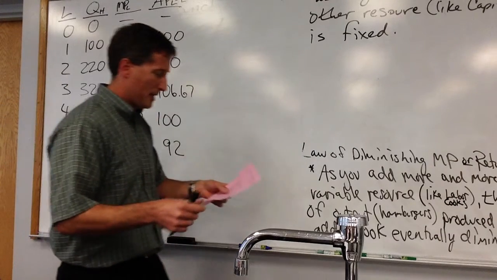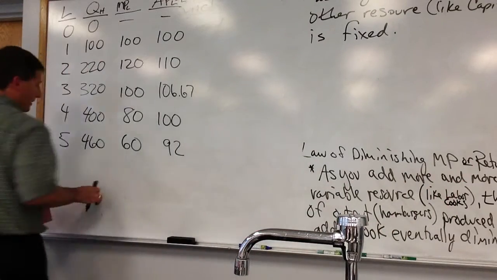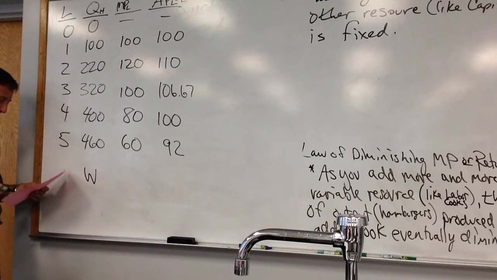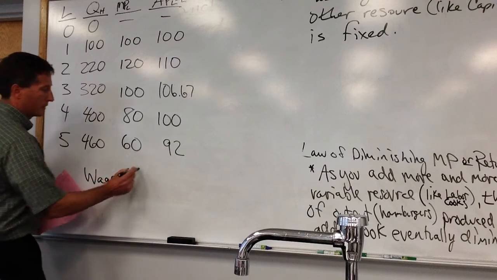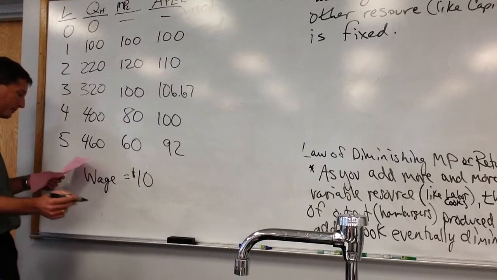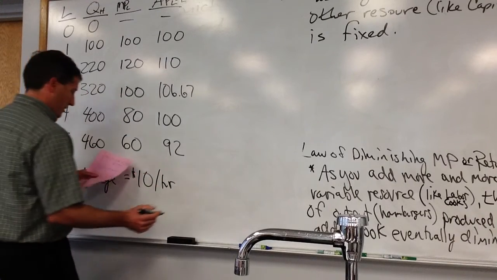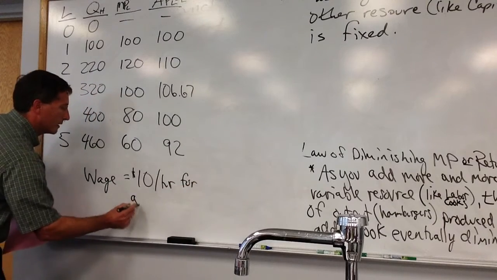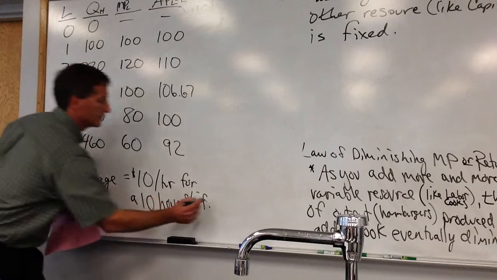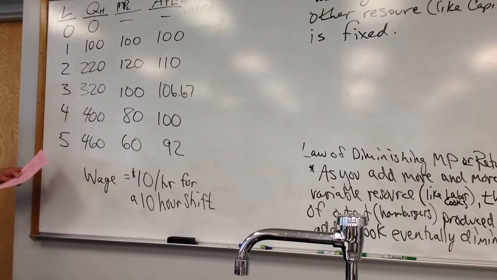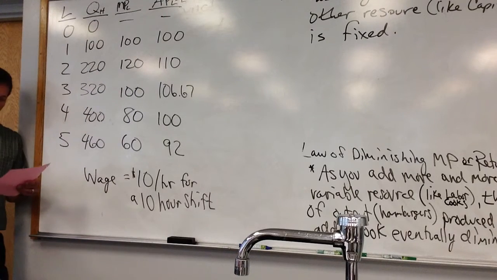Okay, so if the wage rate, we're going to add a little dollars onto this now. Suppose that the wage is equal to $10 per hour for a 10-hour shift. So we're kind of thinking about this production of hamburgers on a 10-hour shift type of deal.